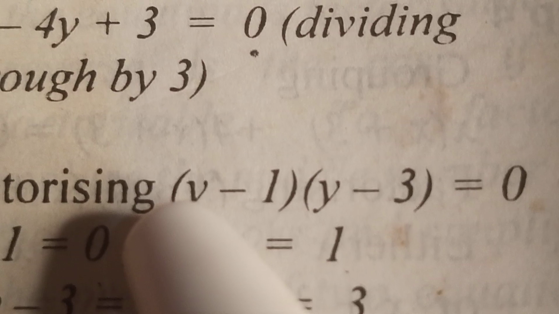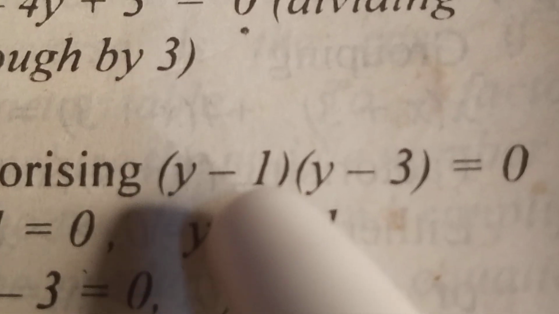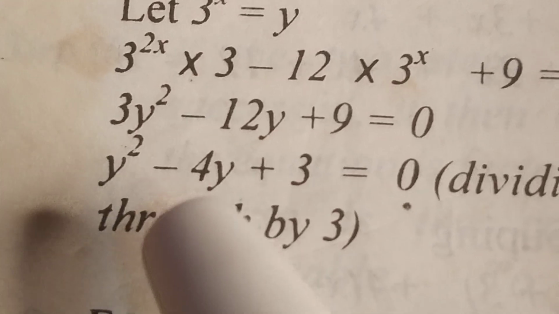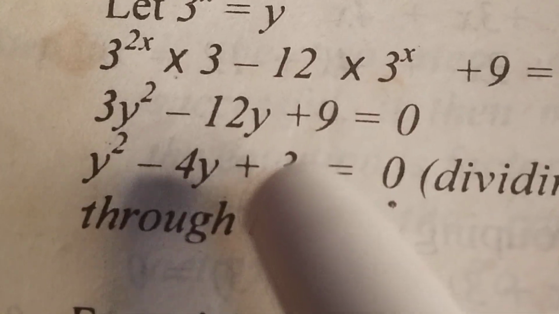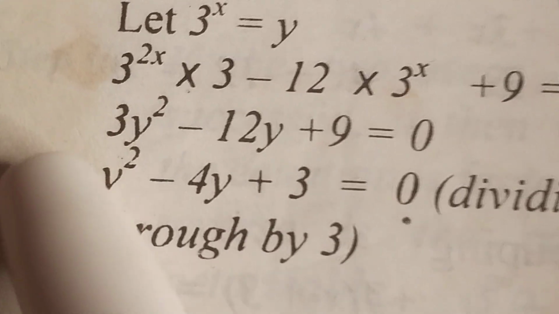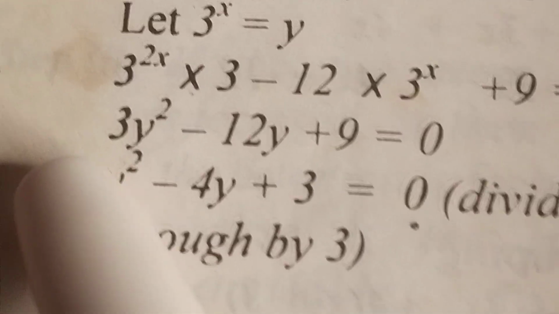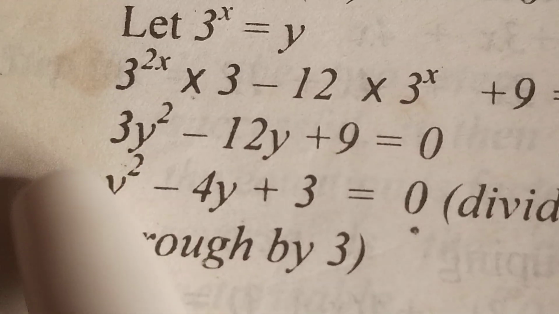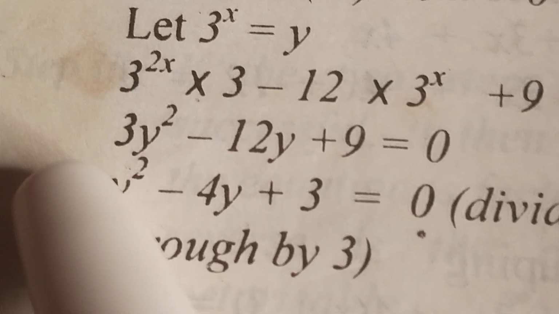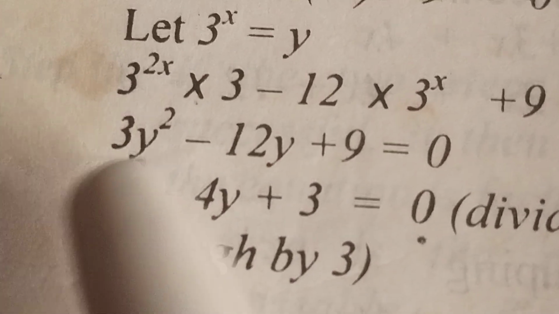Factorizing this value now, you will have y minus 1 in brackets, times y minus 3 in brackets. Why do you get this? If you know how we normally factorize, you will multiply the coefficient of y squared, which is 1, by 3, so this times 1 is 3.